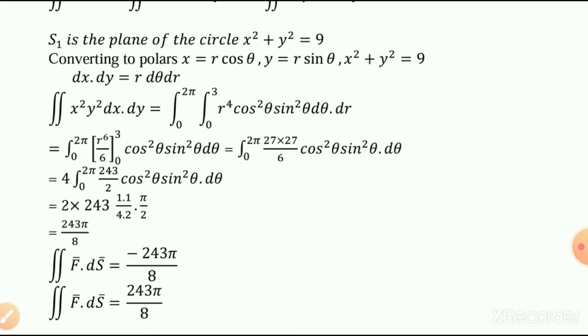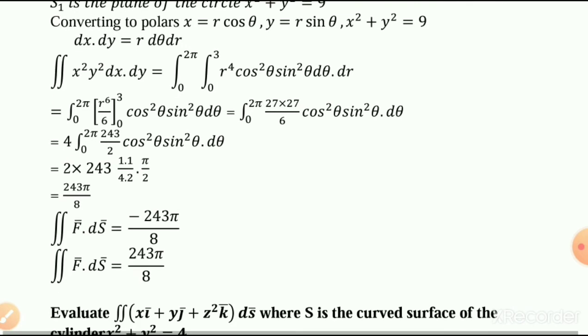First we take the limit for r, so the integration of r raised to 5 becomes r raised to 6 upon 6 from 0 to 3, times cos square theta sin square theta d theta. By applying the limits, the lower limit is 0, so it is not needed, and it becomes the integration from 0 to 2 pi of 27 into 27 upon 6 cos square theta sin square theta d theta.